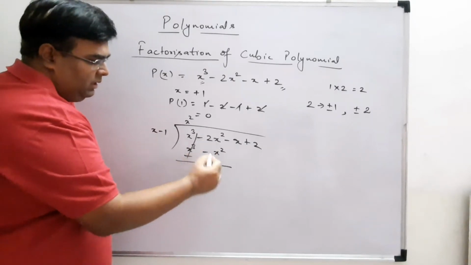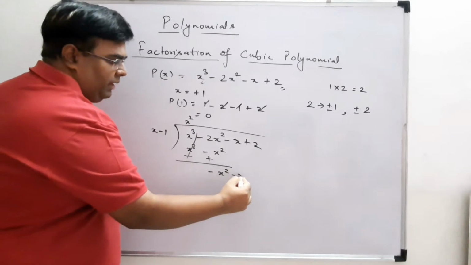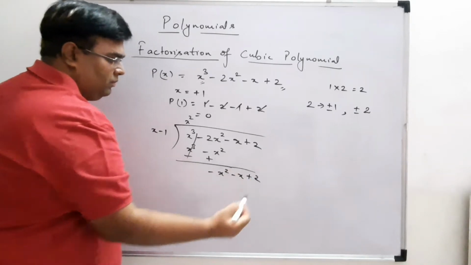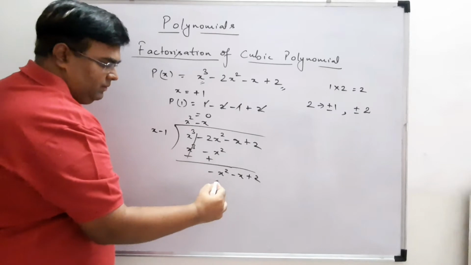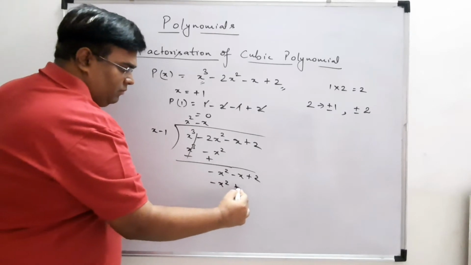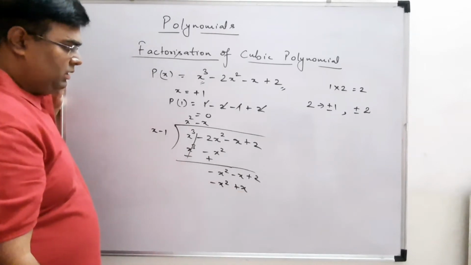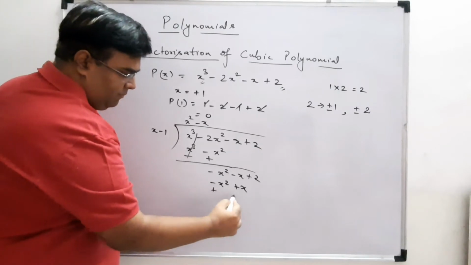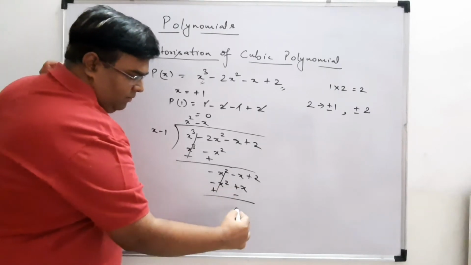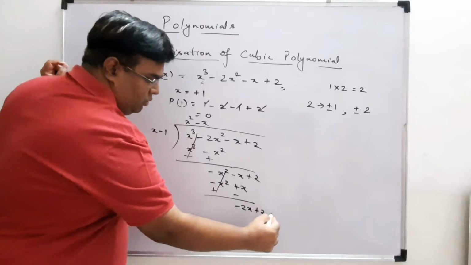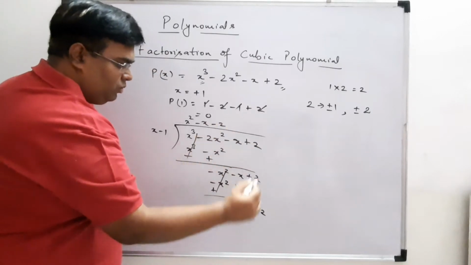It will be minus x square minus x plus 2, minus x, plus x, minus 2x plus 2, minus 2.